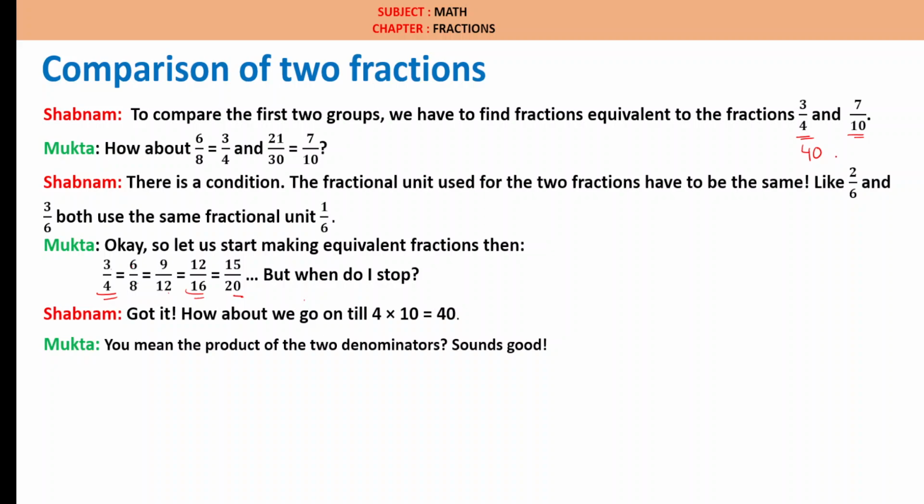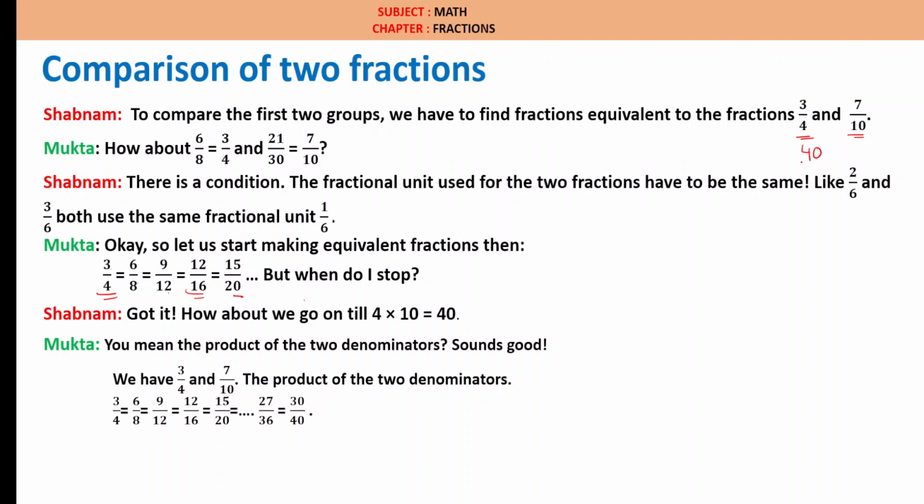So the common denominator should be the product of the two denominators. For 3 by 4 and 7 by 10, the product of the two denominators will be 40. So they have to continue this fraction like 3 by 4, 6 by 8, 9 by 12, and so on till 30 by 40. Similarly, the second one, they have to continue till they get 40. So 7 by 10, again multiplying with 2, 14 by 20, and 21 by 30, and 28 by 40.